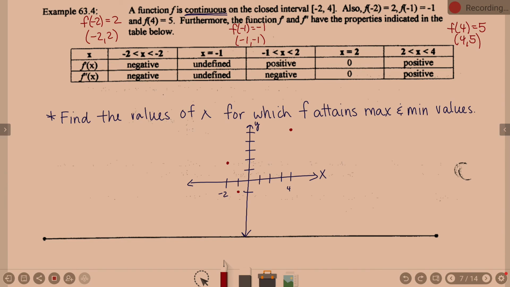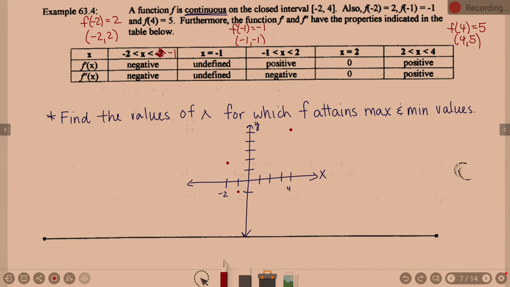We haven't even gotten to the chart, guys. Sorry. Okay. From -2 to -1 is what that's supposed to say, sorry. The first derivative is negative. What does the first derivative tell me? It tells me if we are increasing or decreasing.